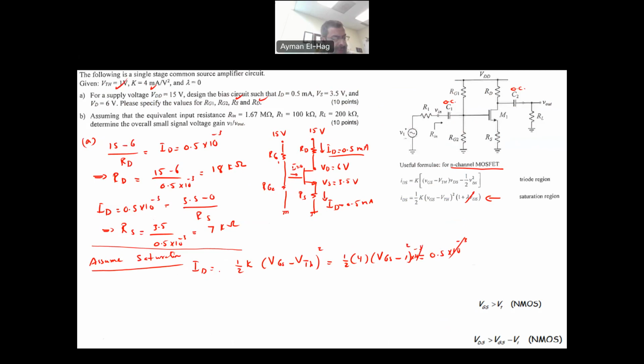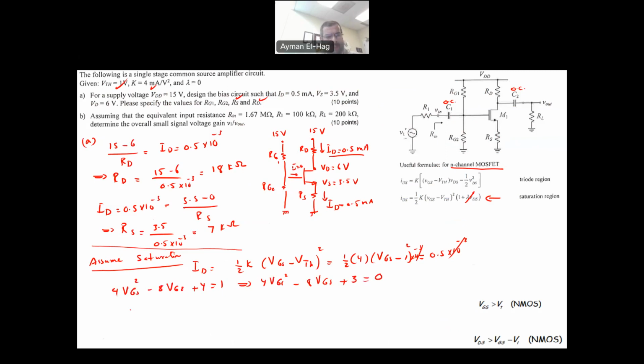Now we have a quadratic equation. So if we open the brackets, we will have 4 VGS squared minus 8 VGS plus 4 equal to 1, or 4 VGS squared minus 8 VGS plus 3 equal to 0.